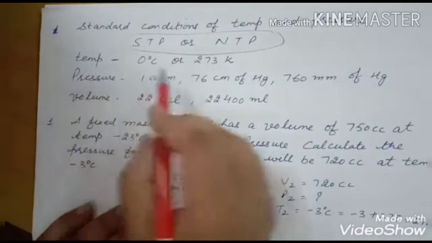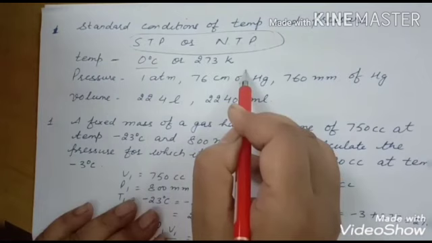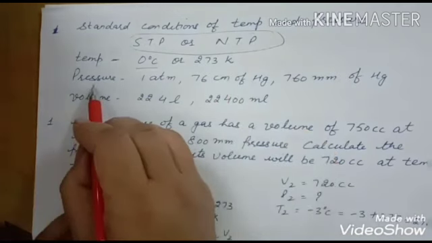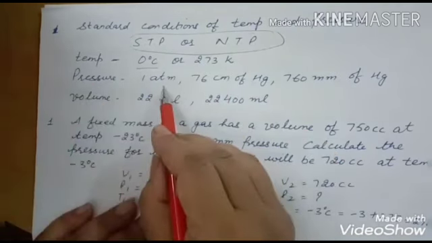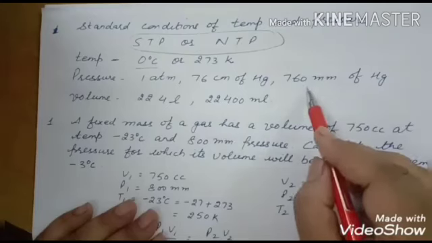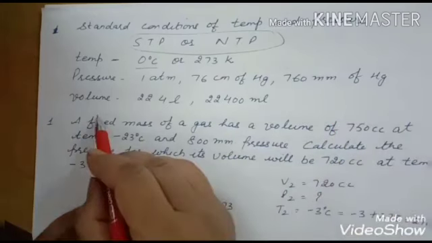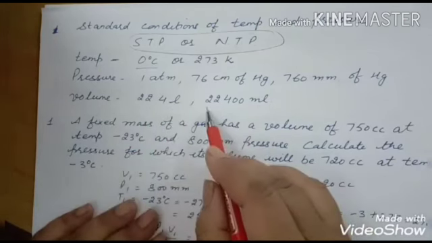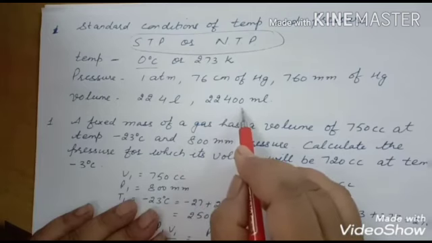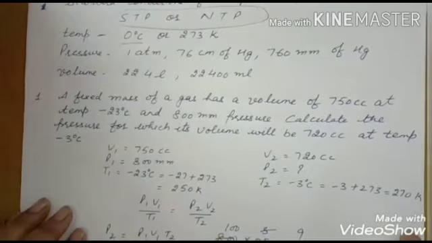Standard temperature we can take as either 0 degrees Celsius or 273 Kelvin. Standard pressure is either 1 atmosphere or 76 centimeter of mercury or 760 mm of mercury. Standard volume is always 22.4 liter, or you can say 22,400 milliliter. Now let's do the first numerical.